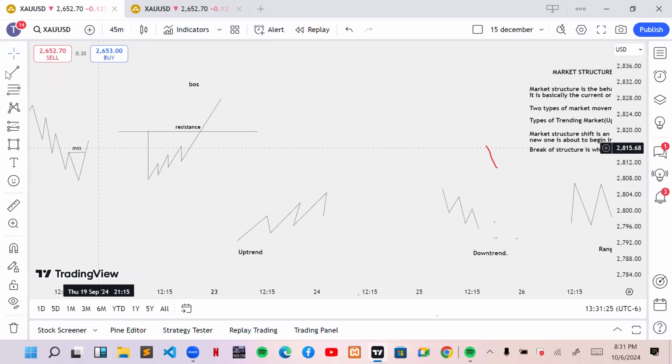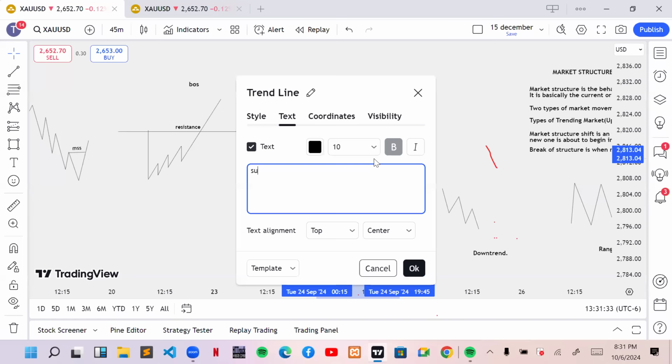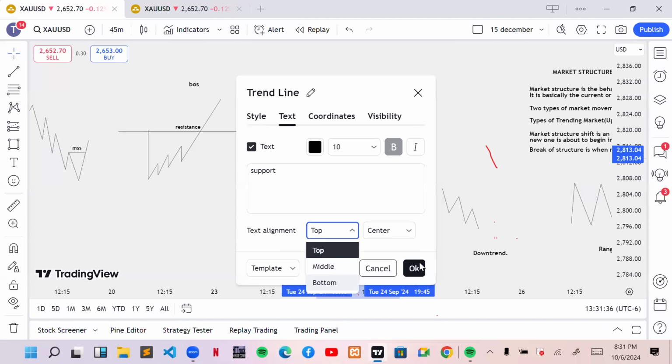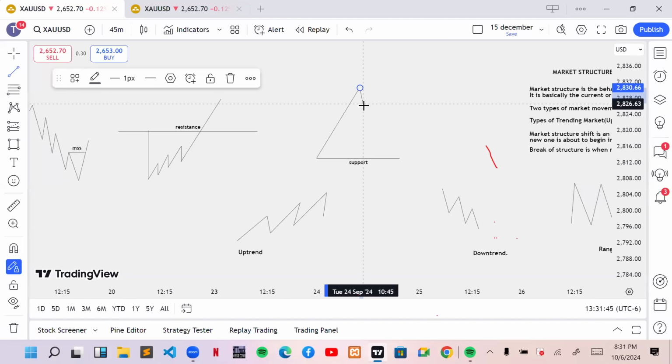Then this should be the one for the market being on a downtrend. So let's assume that this is a support zone, and the market was on a downtrend. That is lower highs and lower lows.